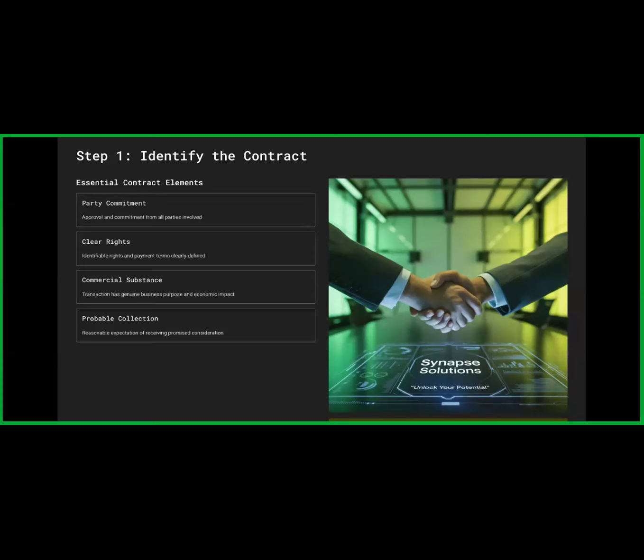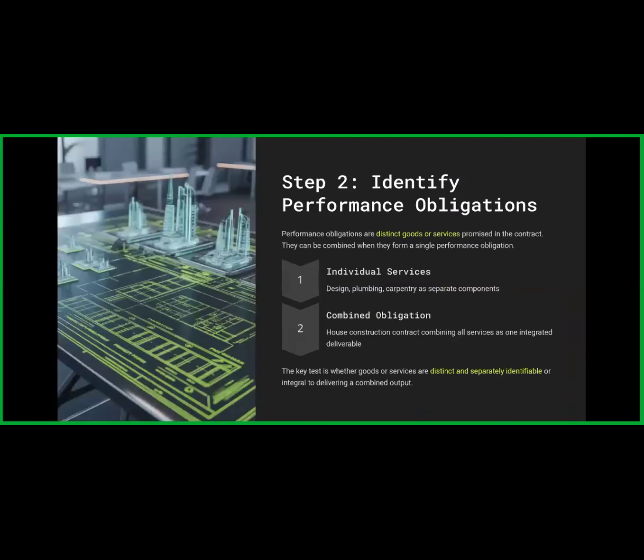Next is the probable collection, the reasonable expectation of receiving the promised consideration. So what are the other expectations of these two parties, the company and the customers? That should be clearly mentioned in the contract.